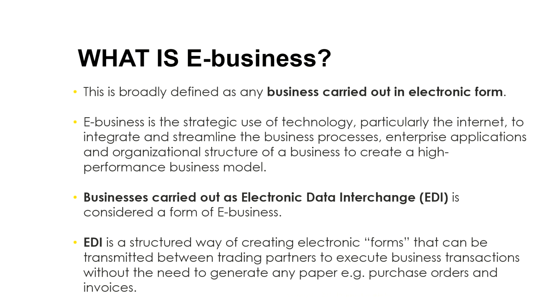Business carried out as electronic data interchange, EDI, is considered a form of e-business. EDI is a structured way of creating electronic forms that can be transmitted between trading partners to execute business transactions.